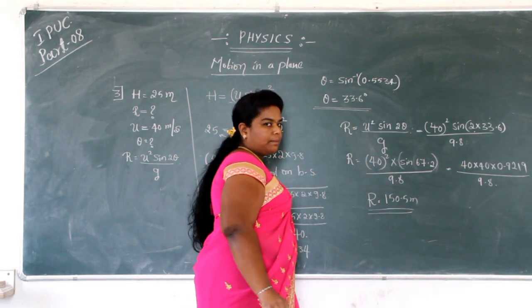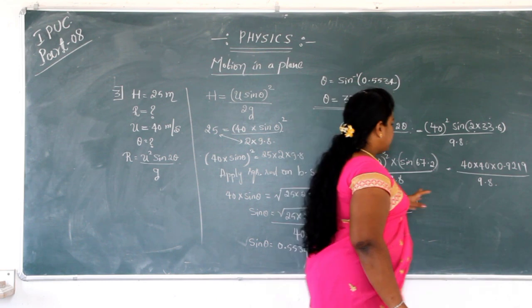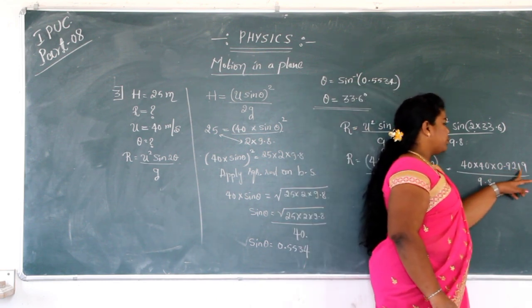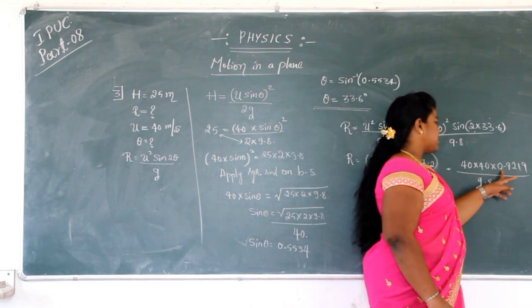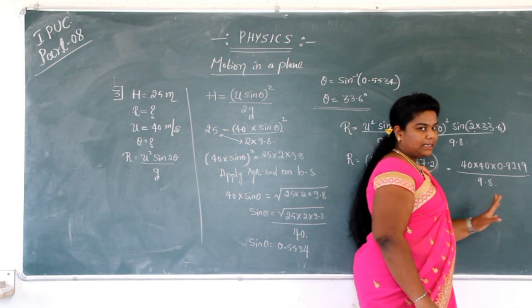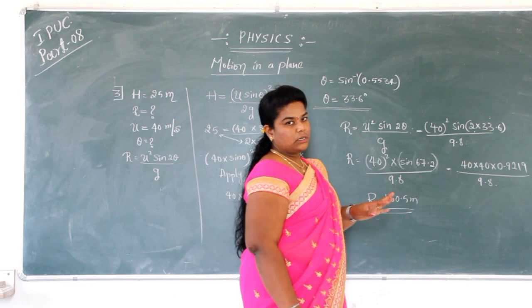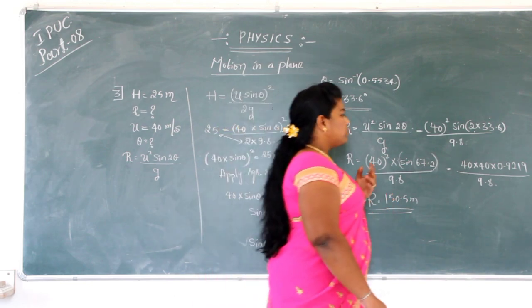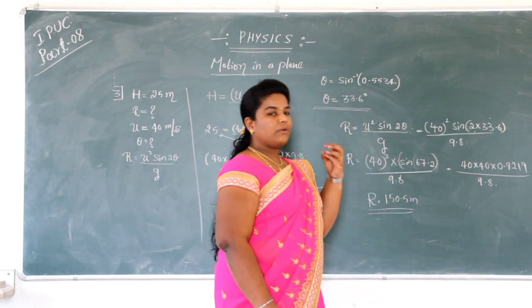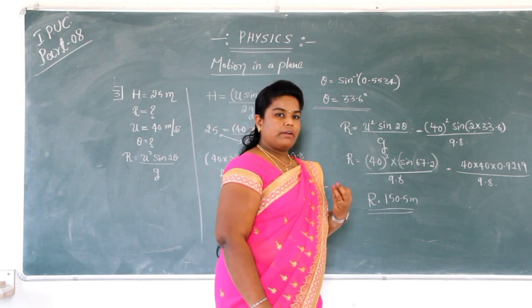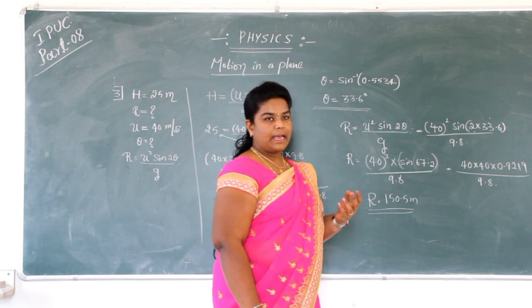While using the calculator, some of you reduce 0.9219 to 0.9 and multiply, then you will not get 150.5, you will get a change. So this depends on the accuracy in your calculator. You might have already studied accuracy in units and dimensions.